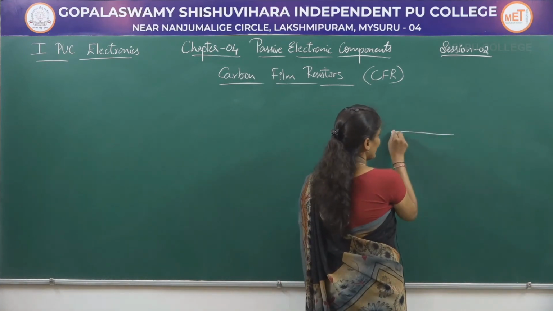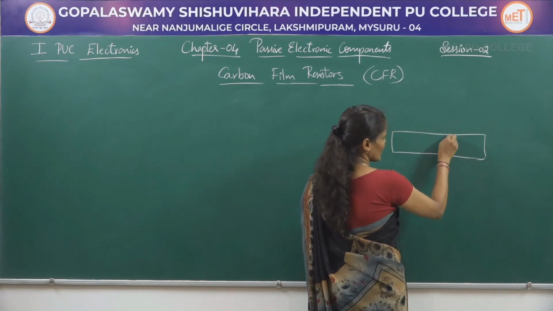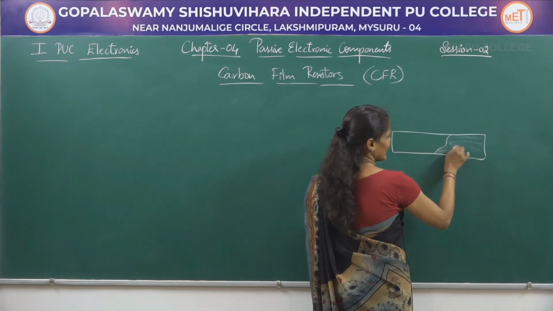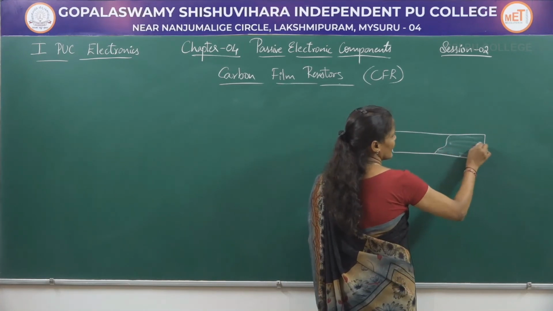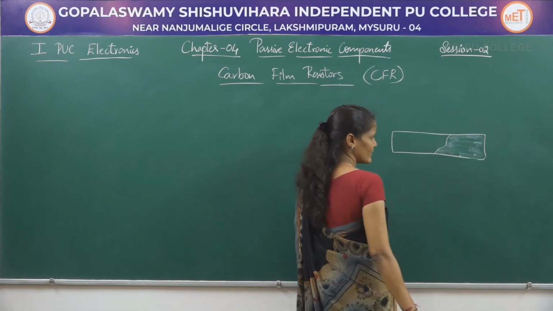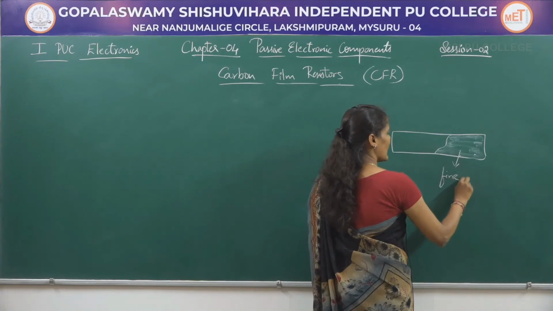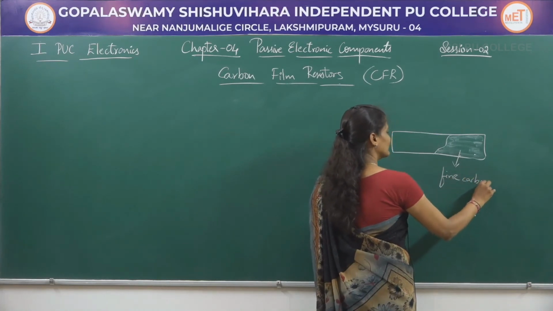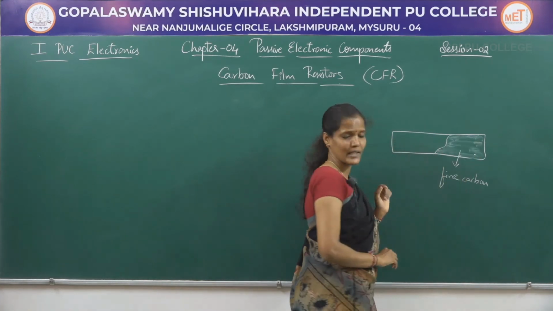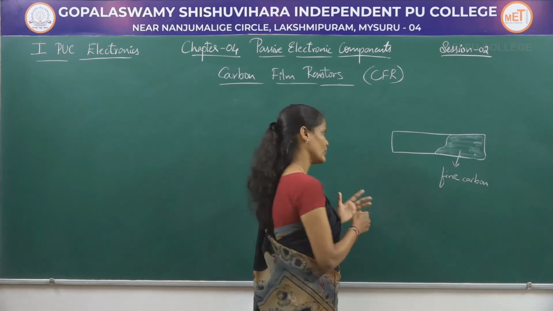So here, if I consider this as the inner structure of the carbon film resistor, the fine carbon particles are deposited on the ceramic rod. At the center they will have a ceramic rod upon which the fine carbon particles will be deposited.